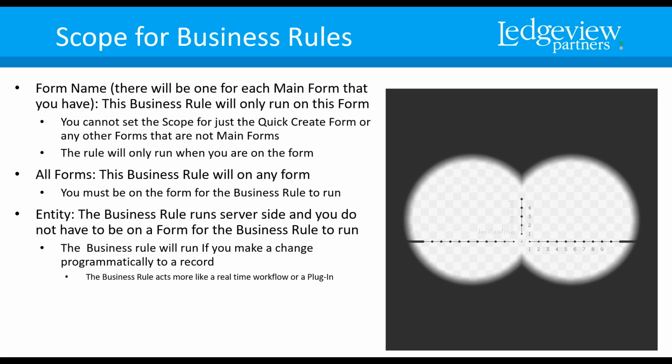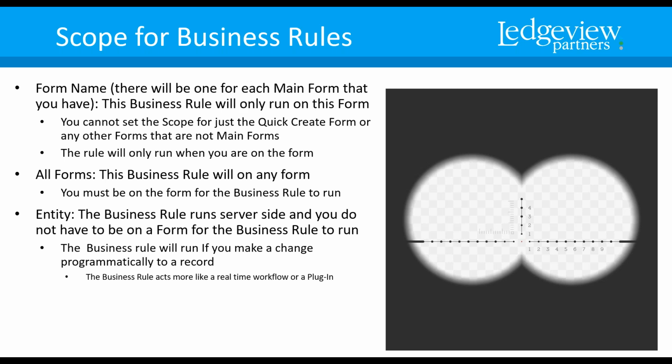So if something programmatically updates it, like a data load, a workflow, a plugin, anything like that that's going to adjust or touch those fields you reference in your conditions, you're going to want to have that set to entity scope. There are times where, no, you don't need the scope set to entity, especially for visible, read-only, business required, because those are more, you're on the form looking at it, you're affecting user interface.